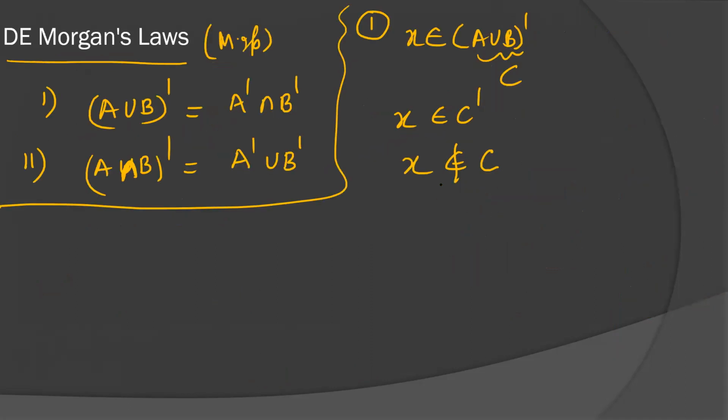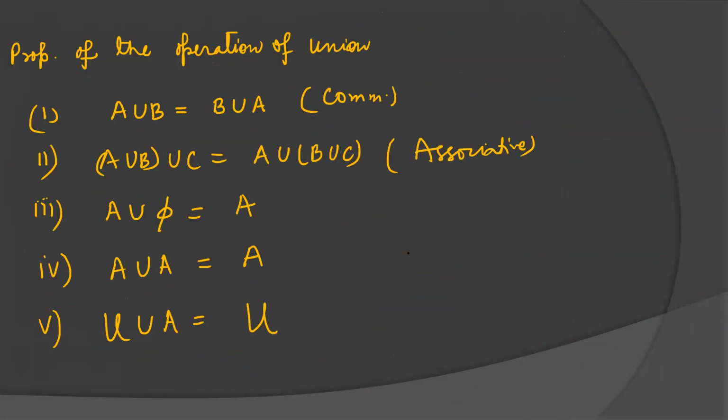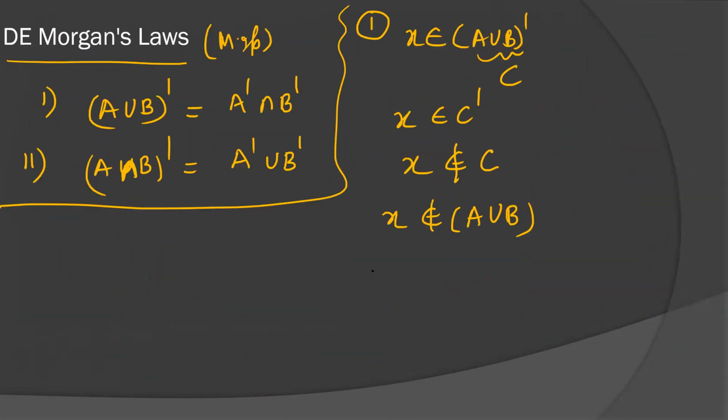So x does not belong to A union B, because we have supposed C as A union B. Then x is not in A and not in B. It will not be in both, only then will it not be in the union.